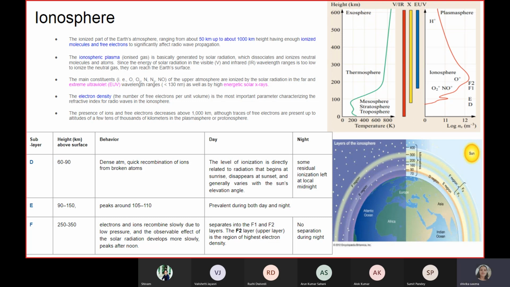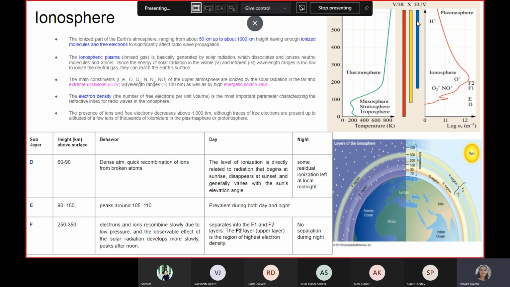For the ionosphere context, you can understand these three colored bars here. First is the red bar, that is visible or infrared. Another is the X-ray, that yellow bar, and that blue one is the extreme ultraviolet.